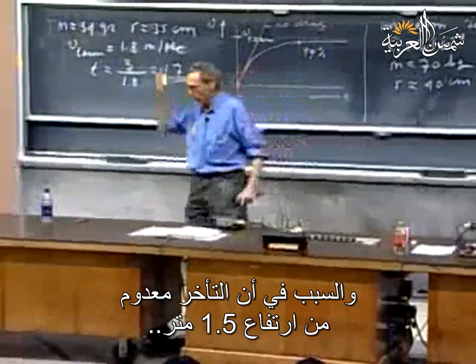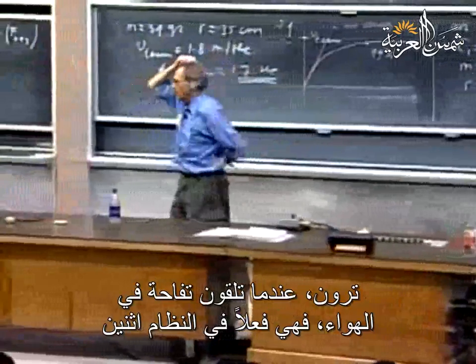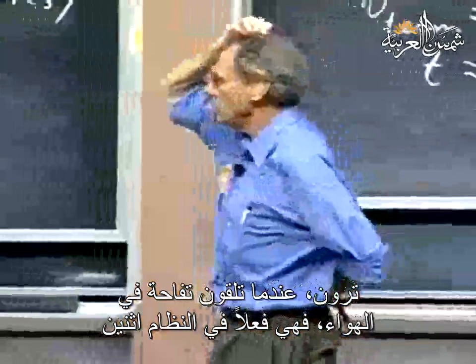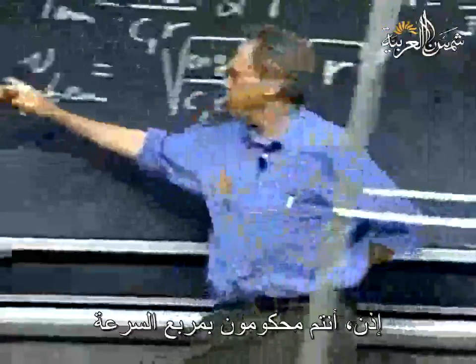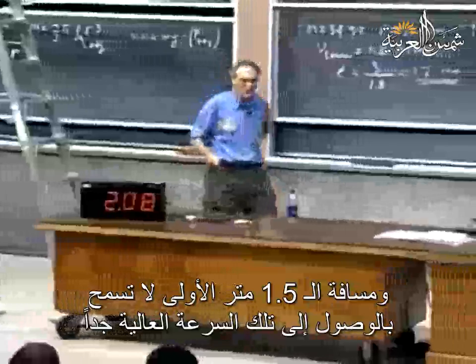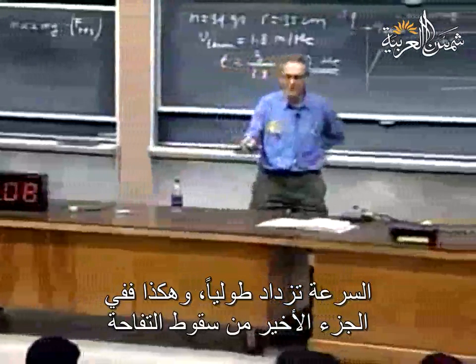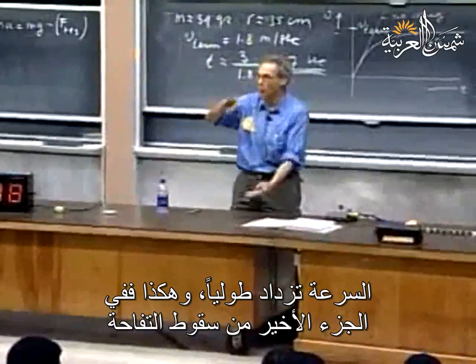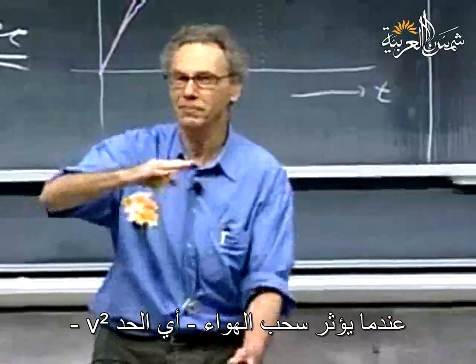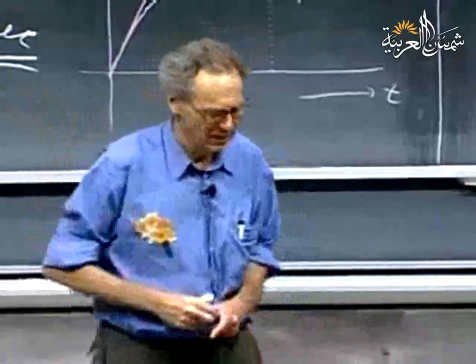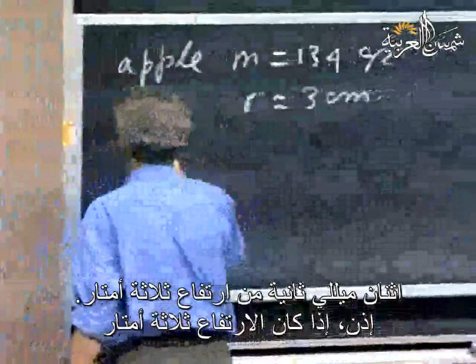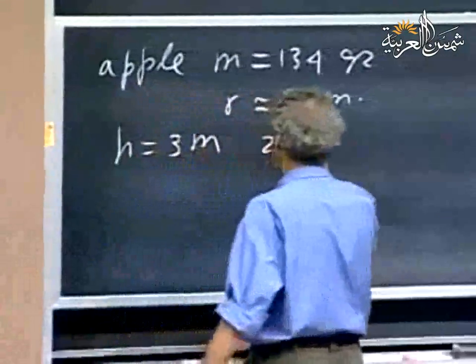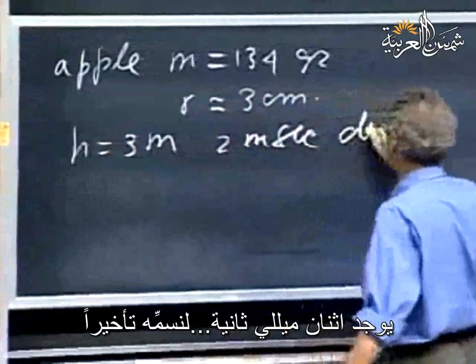And the reason why it's almost nothing from 1.5 meters, you see, when you throw an apple in air, it's really in regime 2. So you're really dominated by the speed squared. And in the first 1.5 meters, it doesn't get a very high speed yet. The speed grows linearly, and so it is the last portion where you really get hit by the air drag, by the v squared term. 2 milliseconds from 3 meters. So if h is 3 meters, there's a 2 millisecond delay.